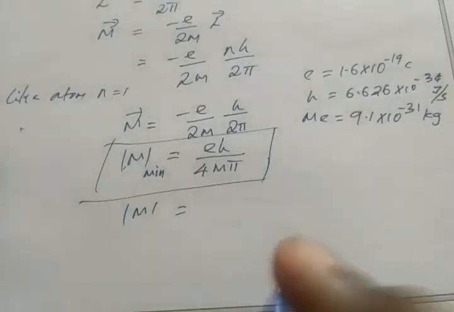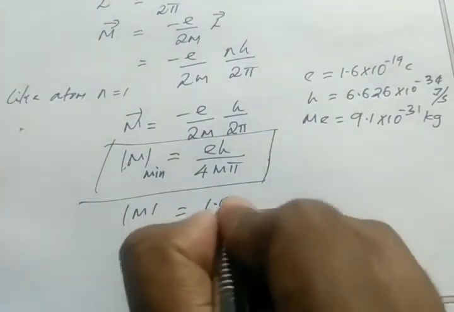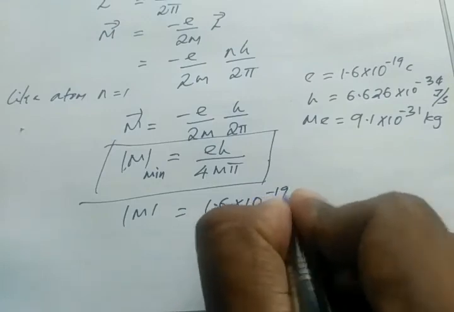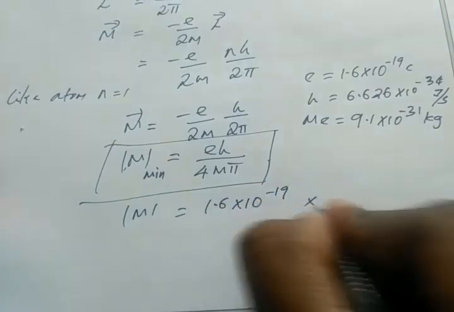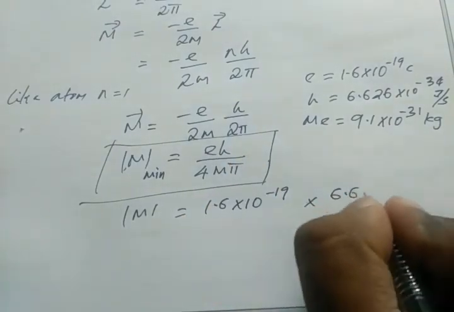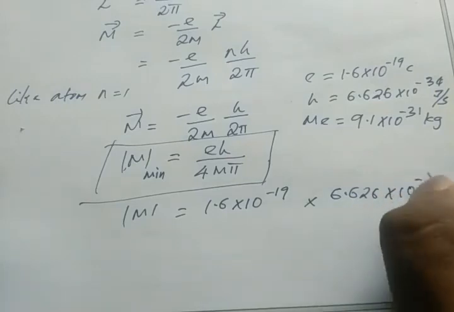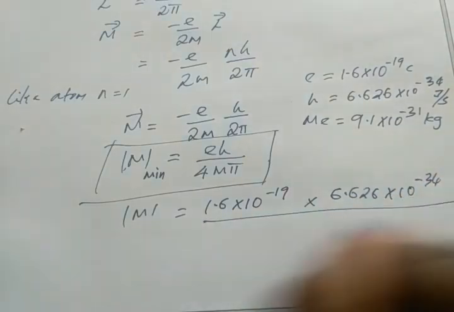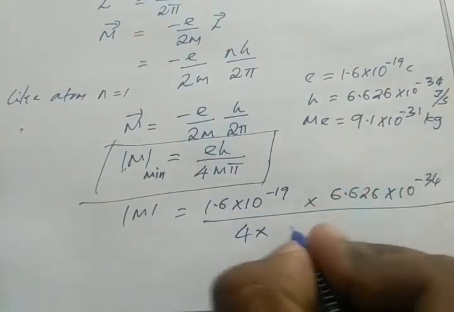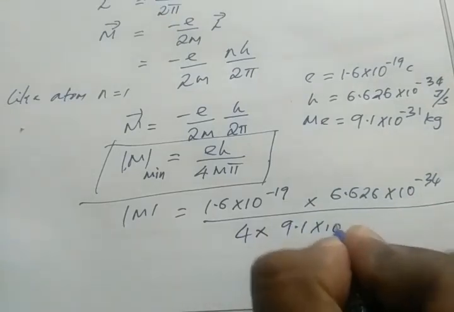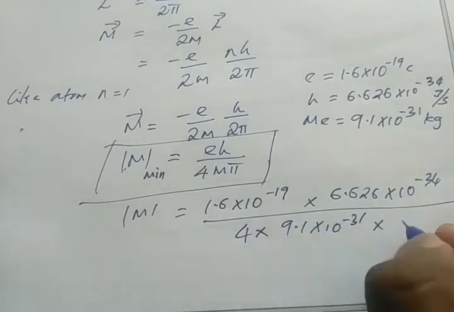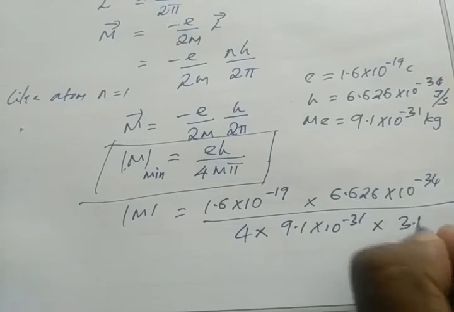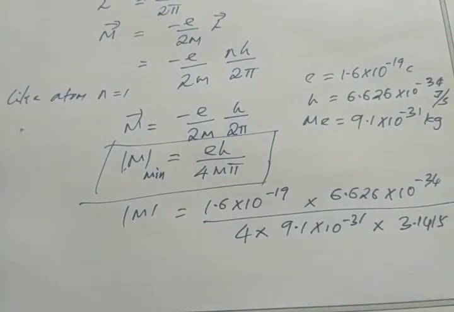So substitute all the values: 1.6 into 10 power minus 19 into 6.626 into 10 power minus 34, divided by 4 into 9.1 into 10 power minus 31 kilogram into pi value 3.1415.